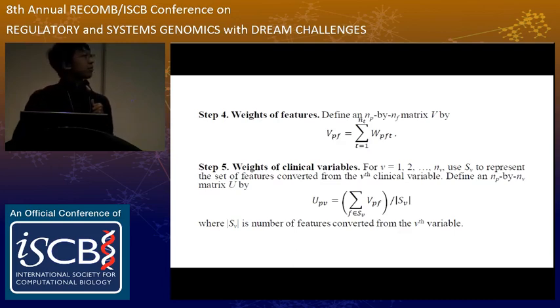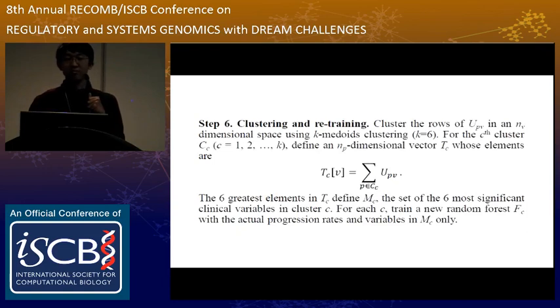And then we get a 2-dimensional matrix in which each row can be regarded as a point in the NV dimensional space. And then we do the clustering inside the NV dimensional space. It's k-means clustering.